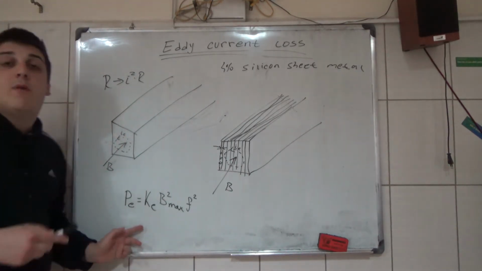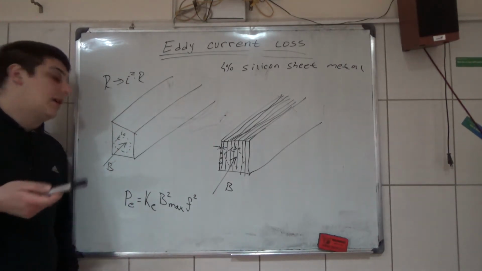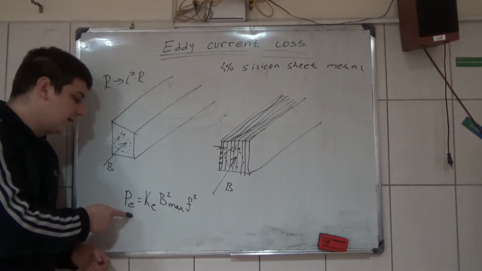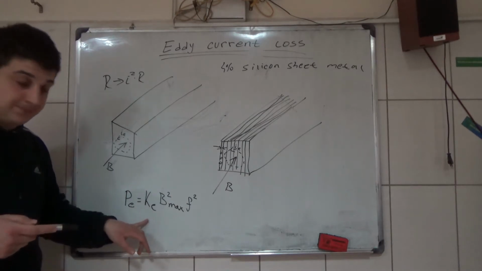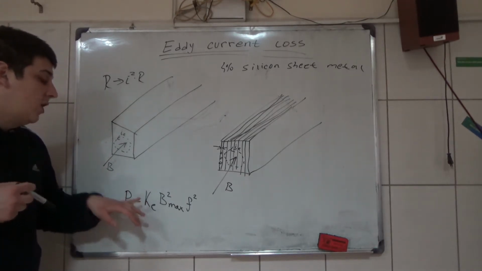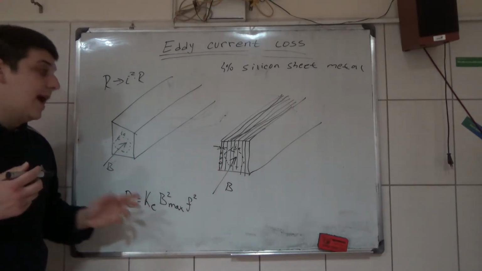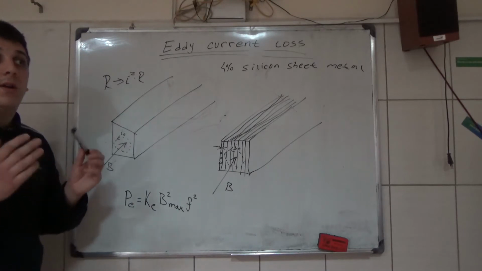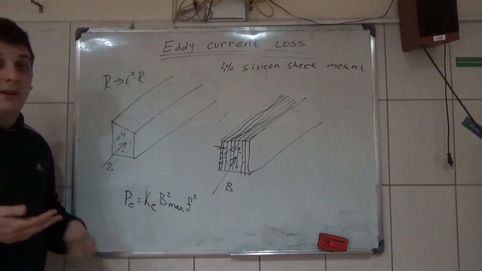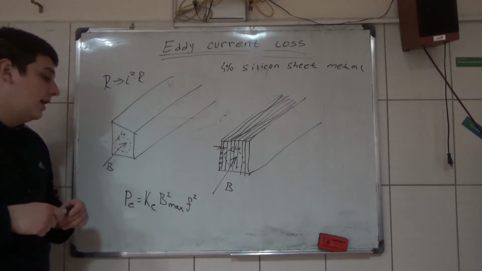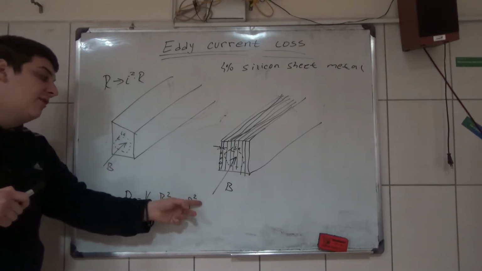And here we have a formula for the eddy current power loss. So P_e, the eddy power, is equal to a constant, which depends on the thickness of the laminating material and the type of magnetic material, so you can calculate it, it's determined experimentally, times the magnetic flux density squared times the frequency squared.